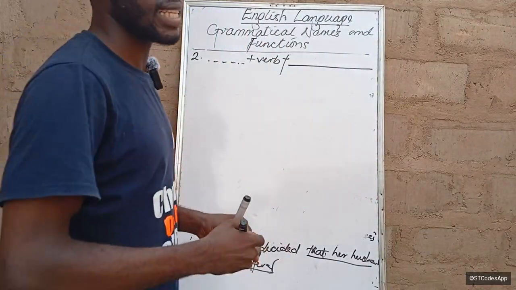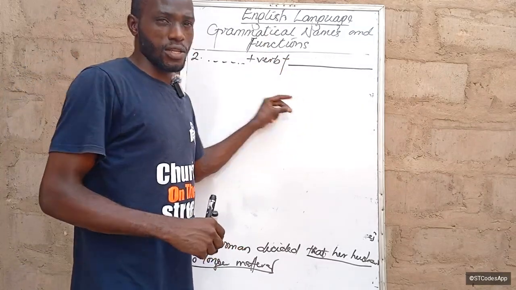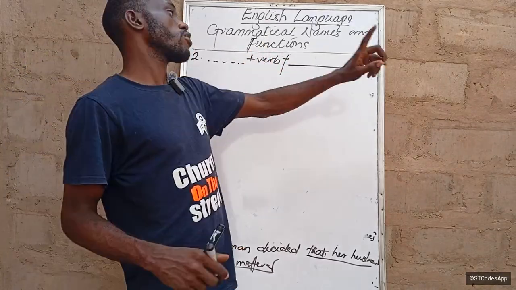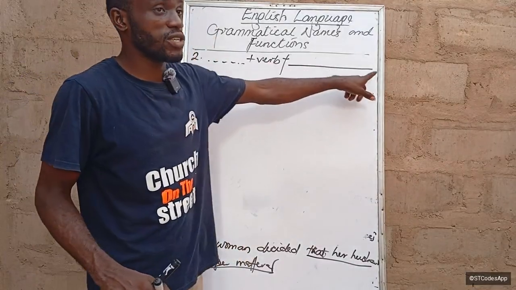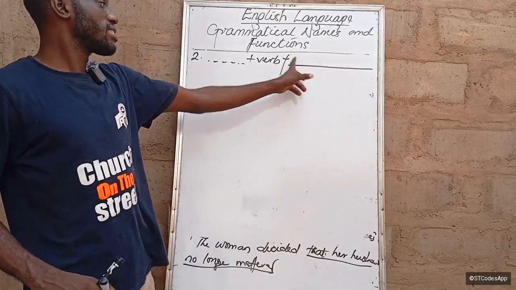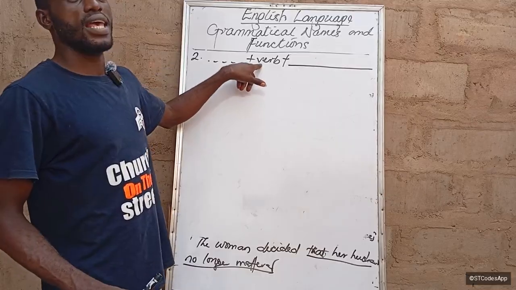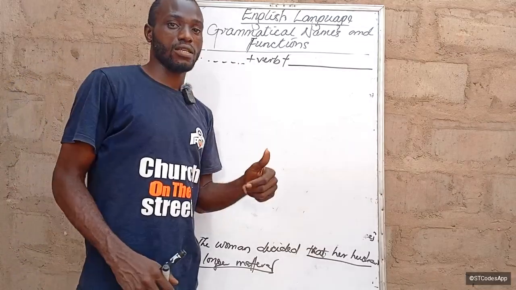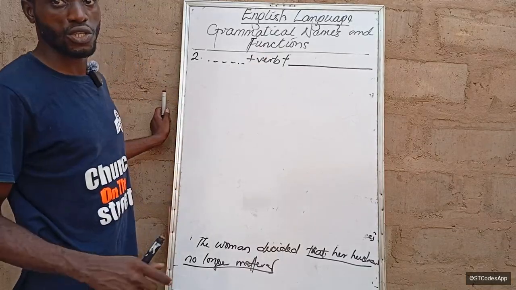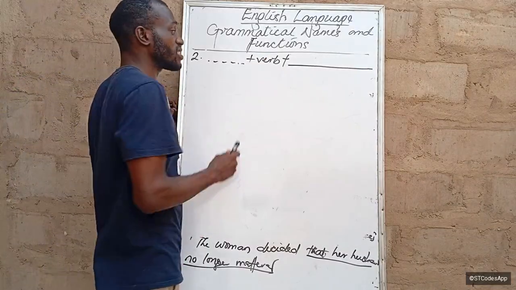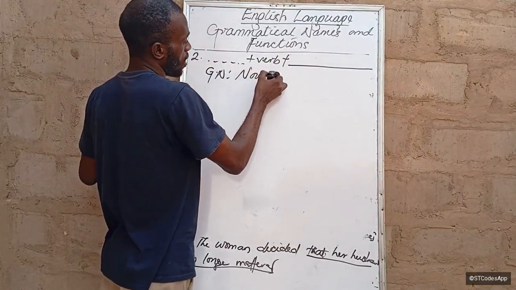So when you are given an underlined expression, go and check. Does it look like this, such that there is a full stop at the end, or sometimes there might be no full stop at the end, but the underlined expression has a verb preceding it, but the verb is not underlined. Once it is as such, then you are dealing with a noun again. The grammatical name is still a noun.